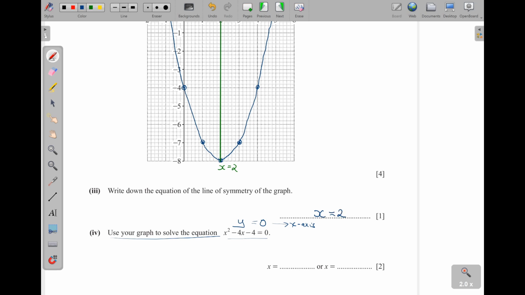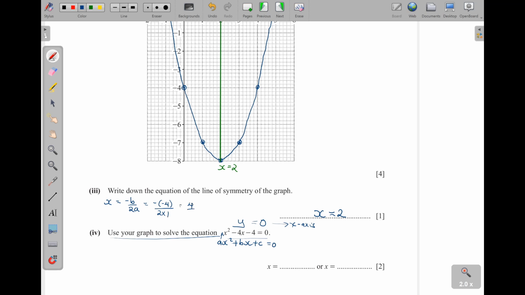Or we have this equation, x is equal to minus b over 2a. So for a quadratic equation which is given by ax squared plus bx plus c, now the b is -4, so we shall have negative of -4 over 2 times our a, which is the coefficient of x squared, which is 1.